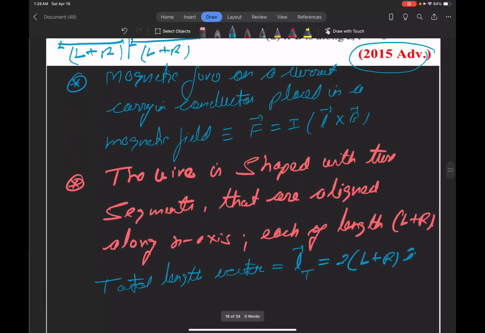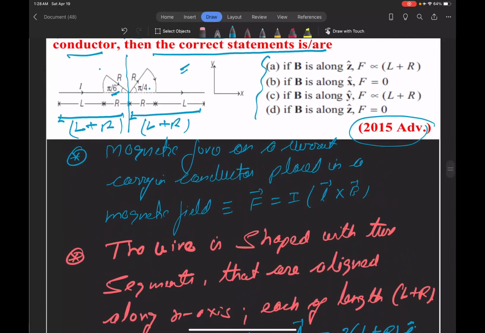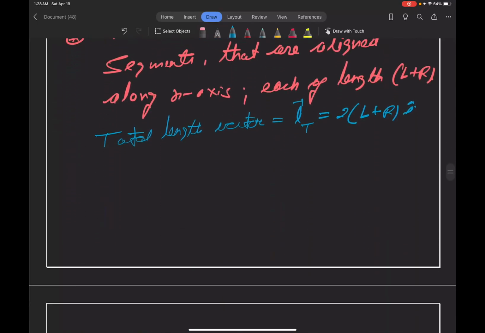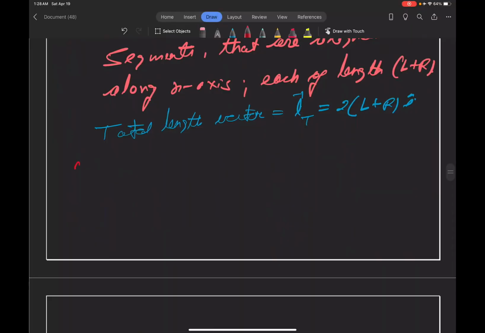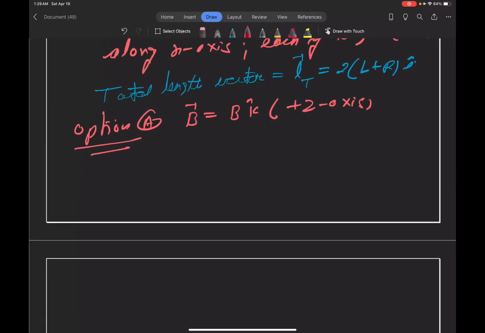And let us check one by one the options that are given to us and see whether the force matches with the subsequent option. First it states that the magnetic field is along the Z unit vector, or we can say the k unit vector. So we have option A, and it gives us that our magnetic field is B k unit vector, that is the plus Z axis. So we can easily find our force.